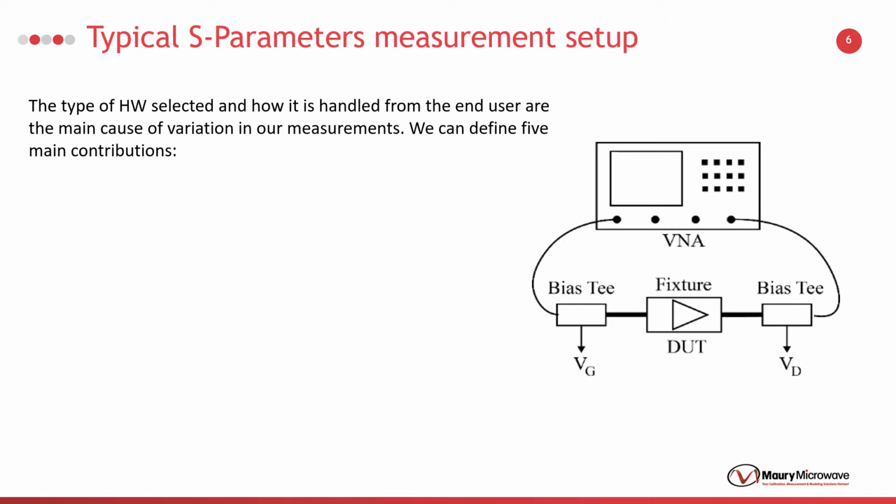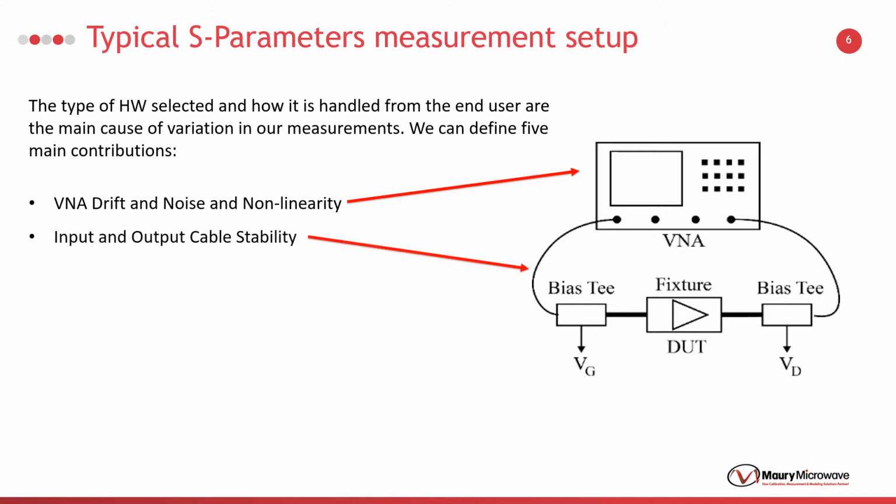First, VNA drifts. There is also noise in the VNA, and there are some non-linear effects in the VNA. Second, the cables used in the measurement, they have some stability issues, and the cables are moved usually during the measurement, and calibration as well when we connect different calibration standards or DUT.